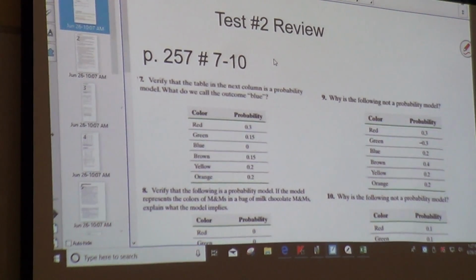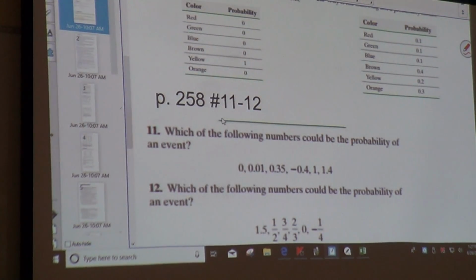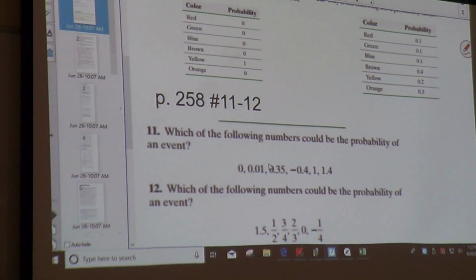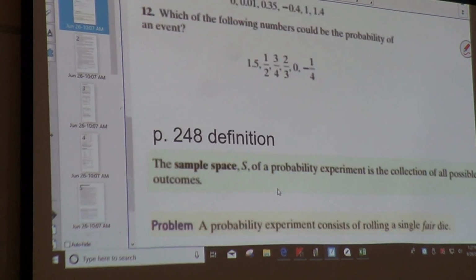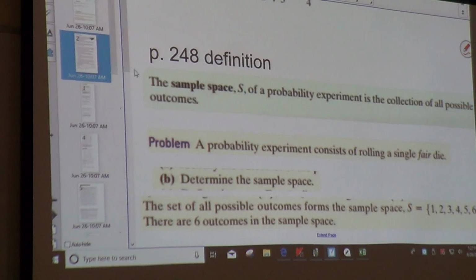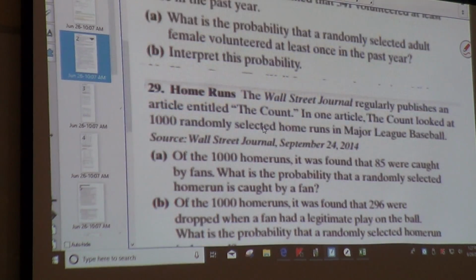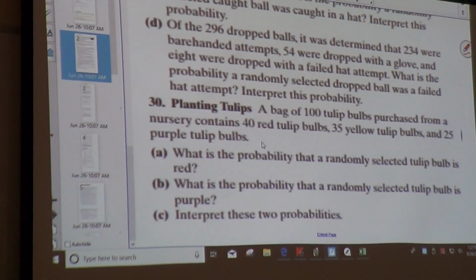And then, right under that, number 2 off of your review sheet says go to page 258 and look at problems 11 and 12. Go to page 248 and know the definition of a sample space. Go to page 258 and know problems 27 through 30. And it didn't say what parts, so I pulled all parts.